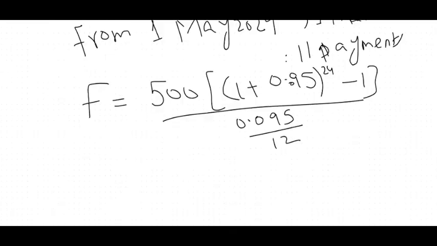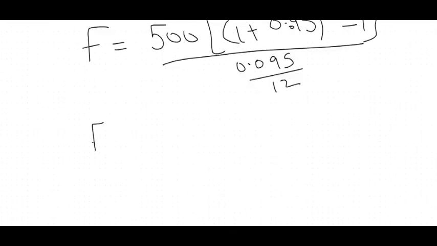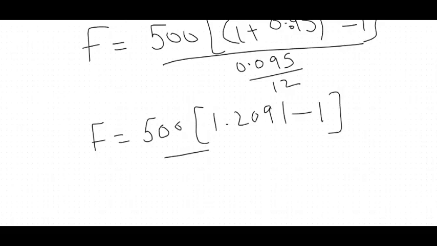So after we do the simplification, we get 500 into 1.2091 minus 1 divided by 0.0079.